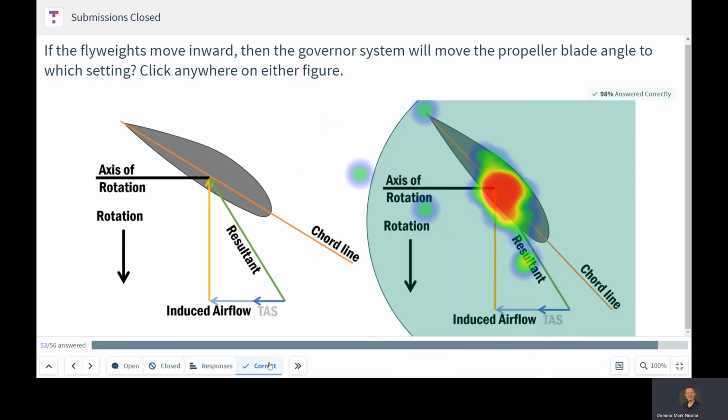Hey, y'all got it. Nice job. Looks like one person went outside the correct answer area. Sorry. But that is correct on the right side.